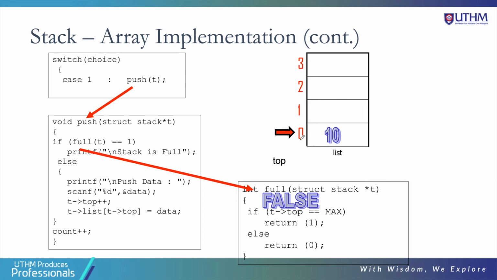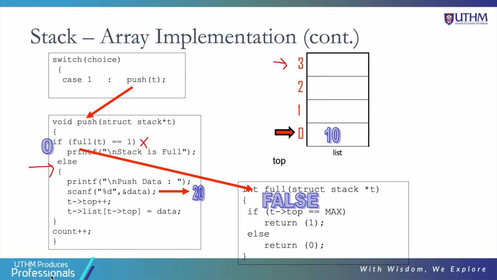Now top is equal to 0, and then it will return 0. So this condition is not met. Is full equal to 1? No, it's equal to 0, so it will go to the else part.